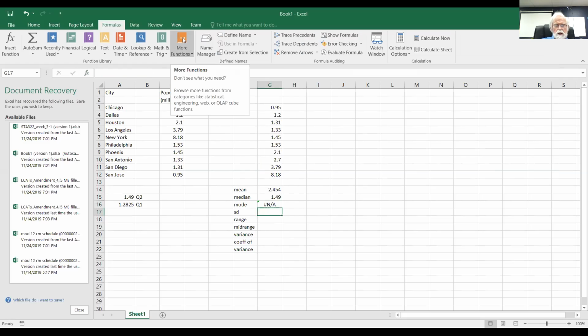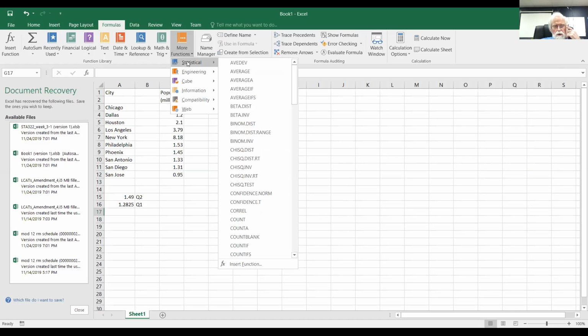So now we want to look at standard deviation. Remember, standard deviation is a measure of spread. Standard deviations are based on the mean, when you use an entire data set, and the mean is used instead of the median.